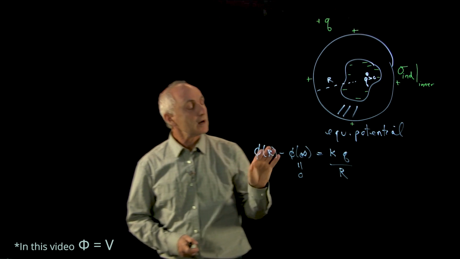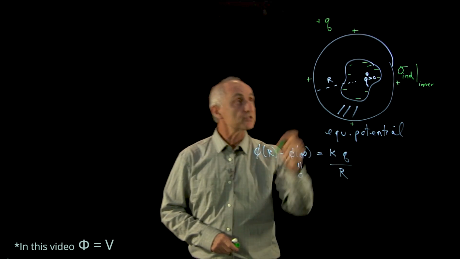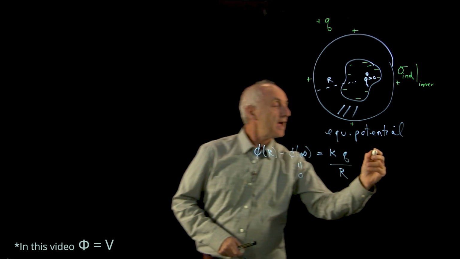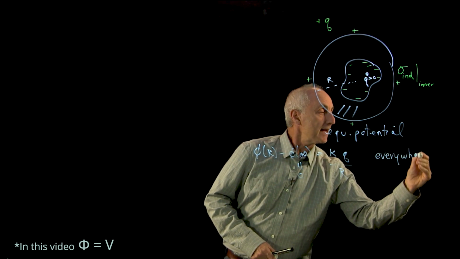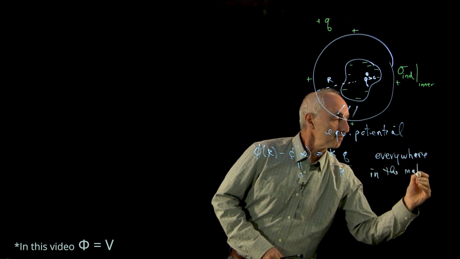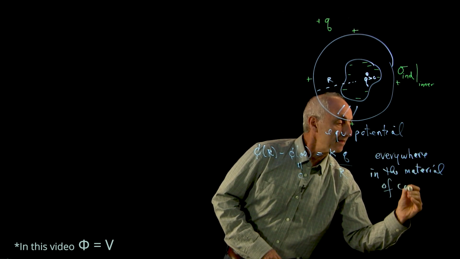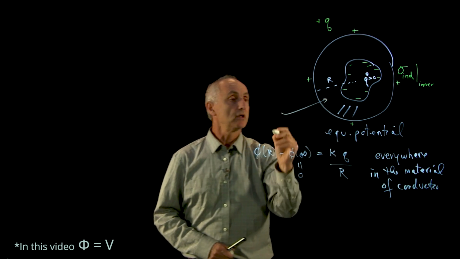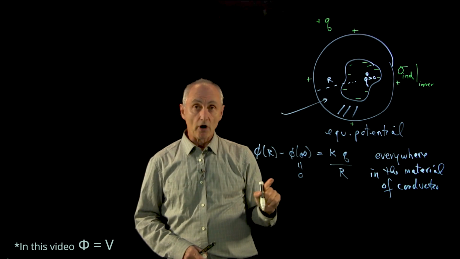So now this is the potential not just at the radius r, but this is everywhere in the material of the conductor. And that's the statement that the conductor is an equipotential with this value kq over r.